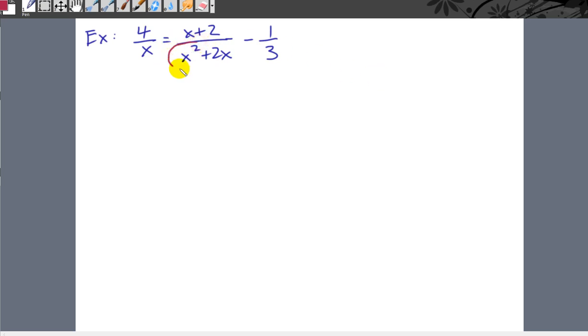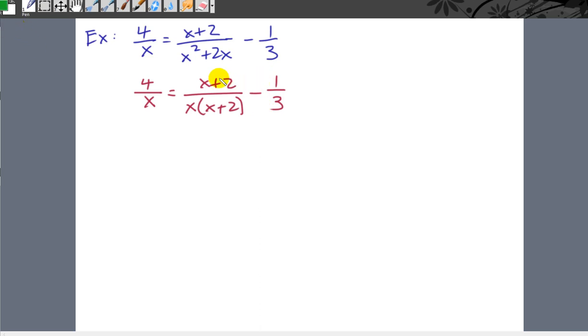So what I see here is something can be factored out. If you realize what could be factored out, the x is in common with each term. So we can factor out an x, and we multiply by x plus 2, and then minus 1/3. Okay.